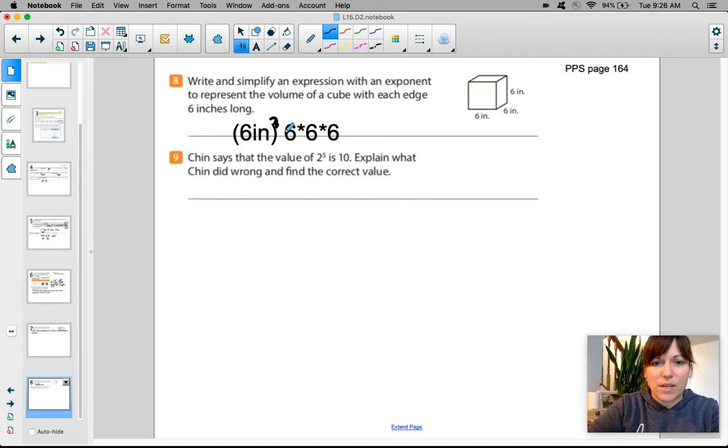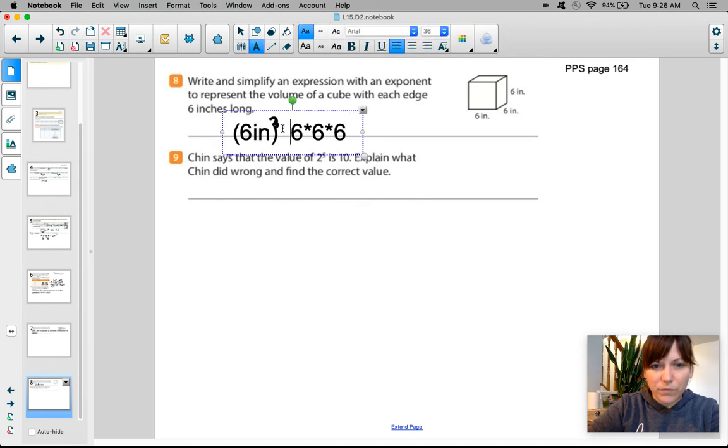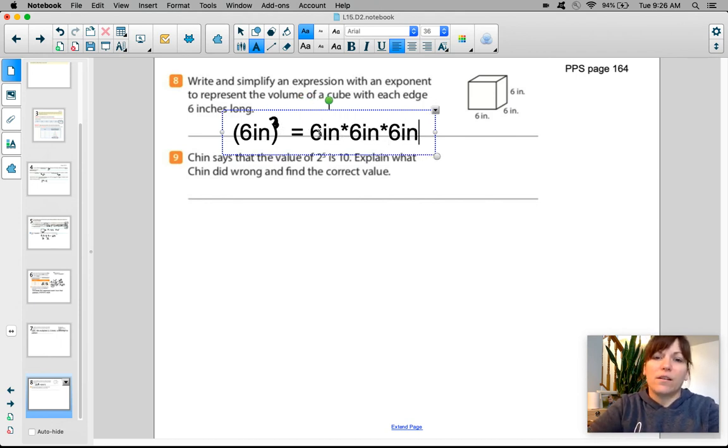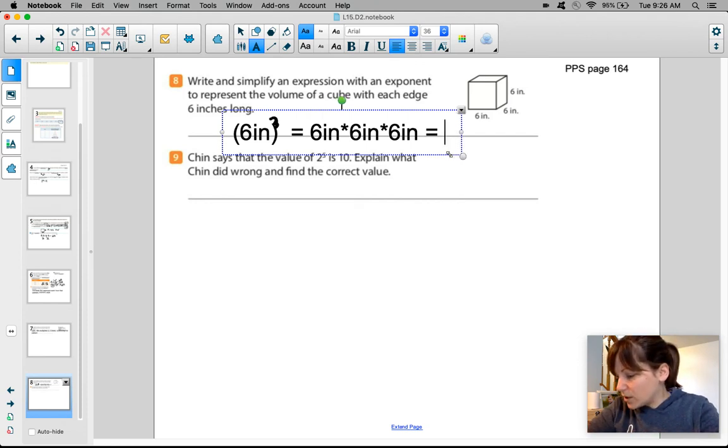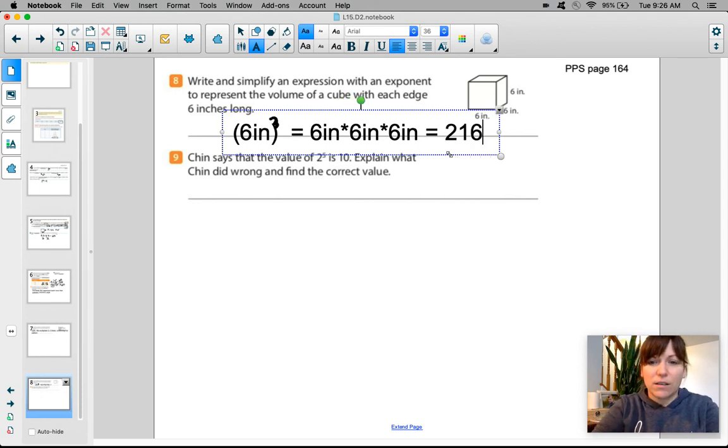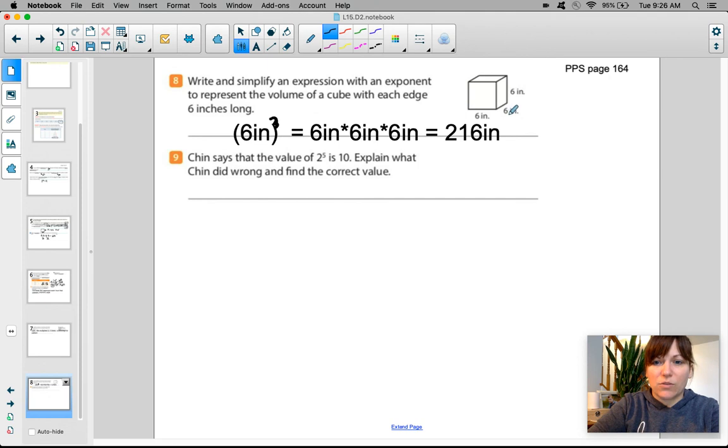So there's my 3, and that's going to equal 6 inches, adding in my unit there, times 6 inches times 6 inches. When we do 6 to the third power, we are going to get 216, and then we have to have our inches and make sure that our inches are also cubed.